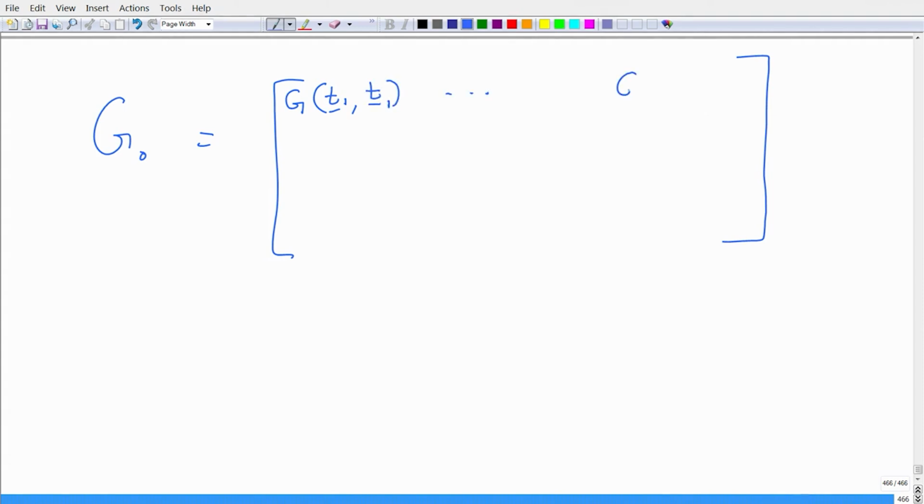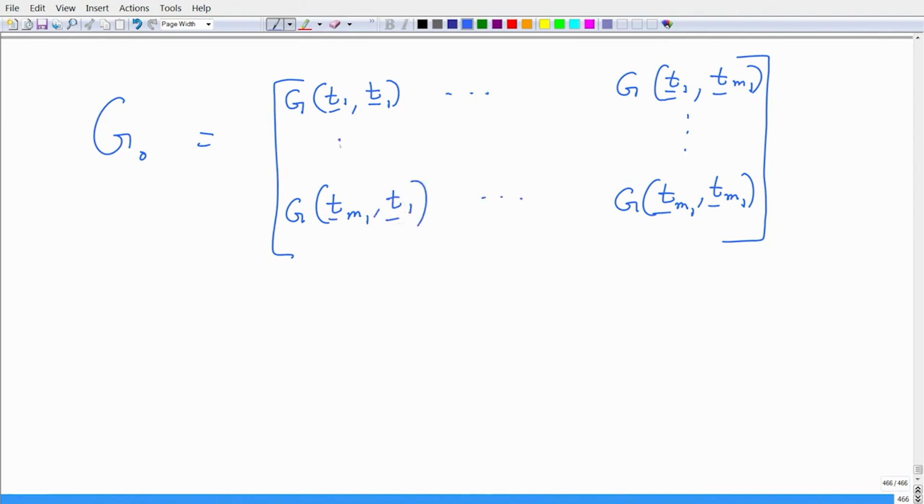This is our Green's matrix. And this is square.